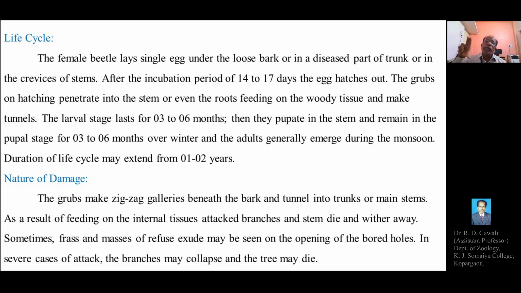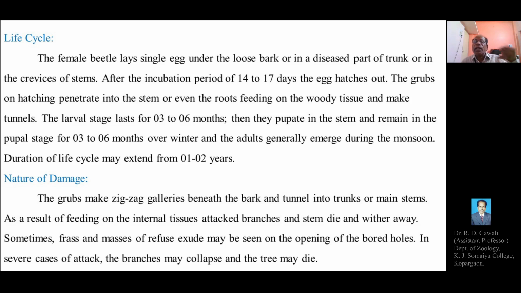So the larval span is about 6 months and the pupation span is also 6 months. So a total of 1 year is required for the transformation of the larva to the adult.